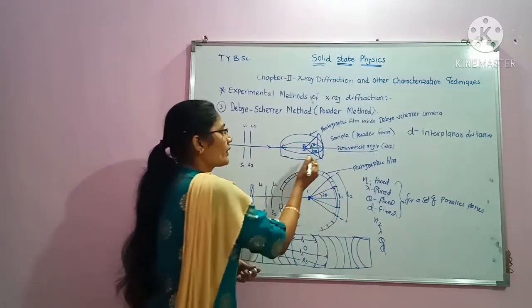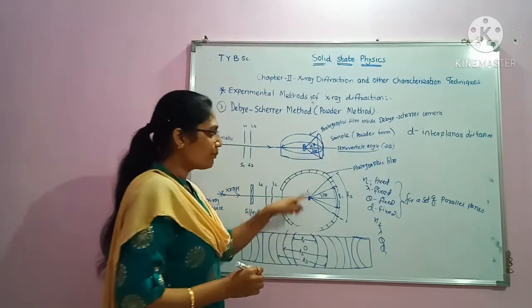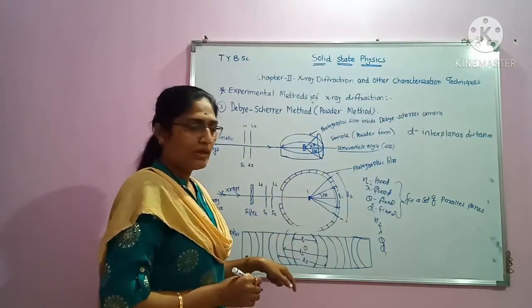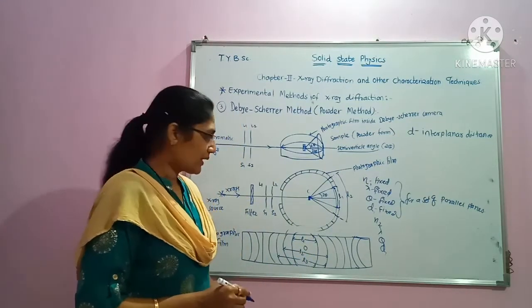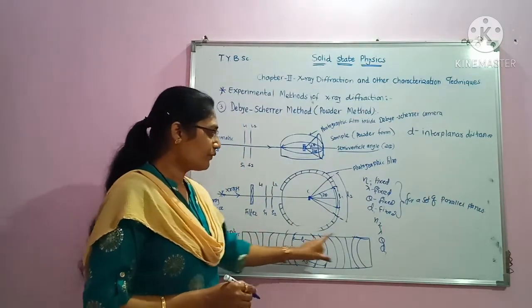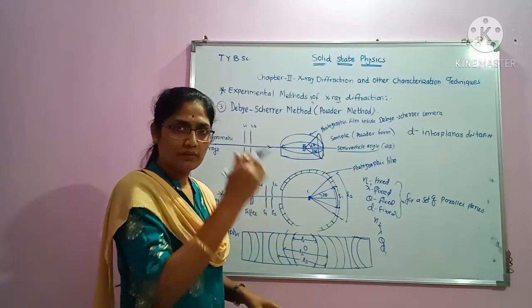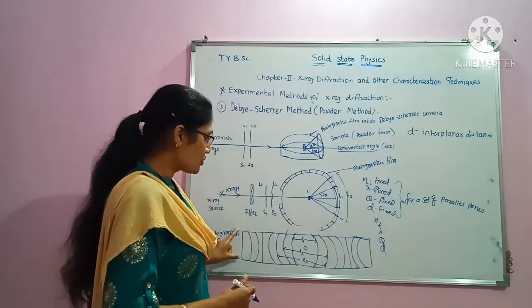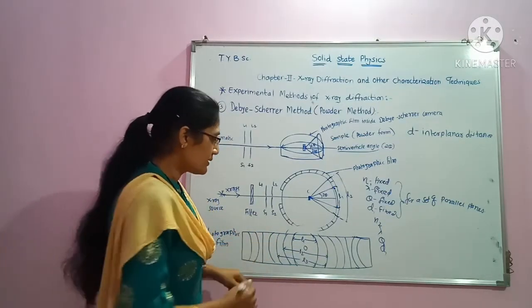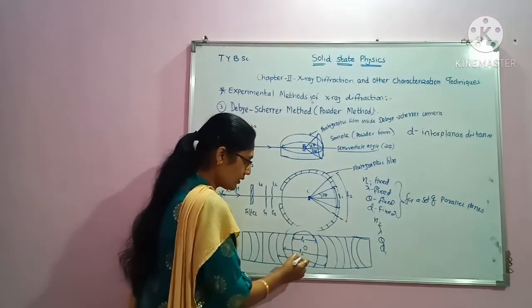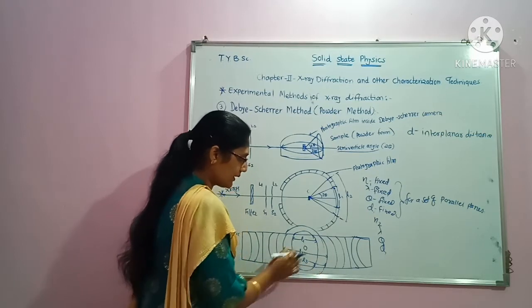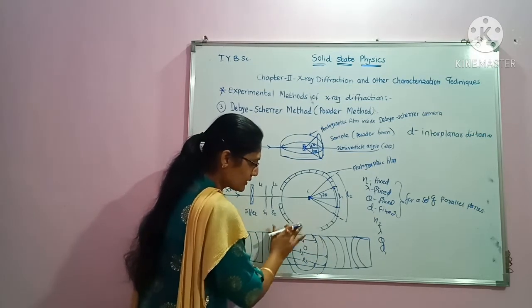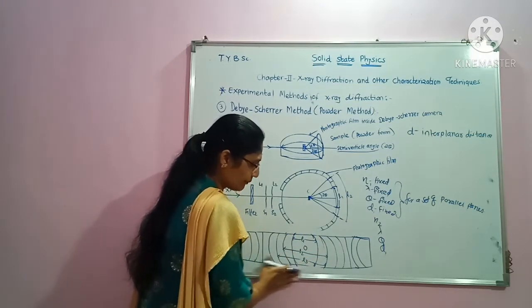When these cones impinge on the photographic film, they produce a circular ring. But as the film is not completely cylindrical, it is narrow, so instead of a circular ring we get only arcs.